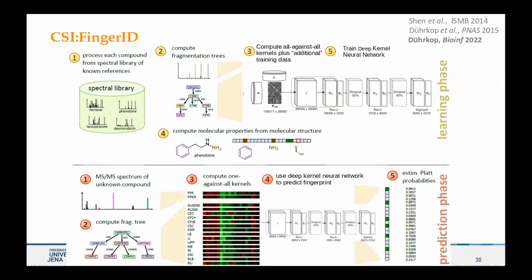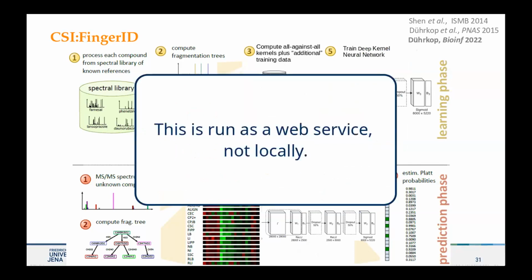Nowadays we use a neural network. And this step, the prediction of the fingerprint, is run as a web service, because the machine learning models are super huge, and so it's not easy to provide this for local execution. So it runs on a web service.